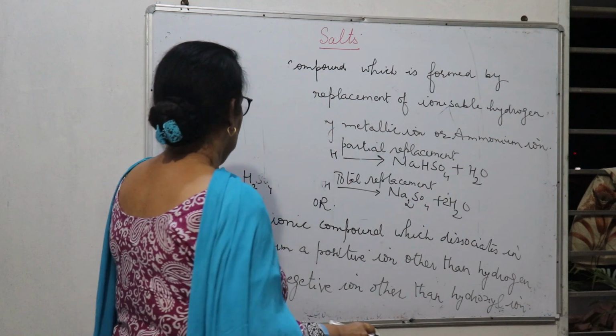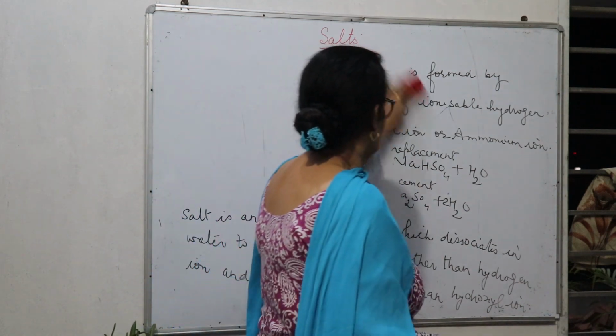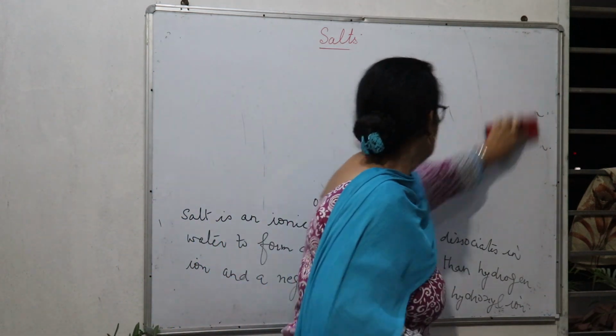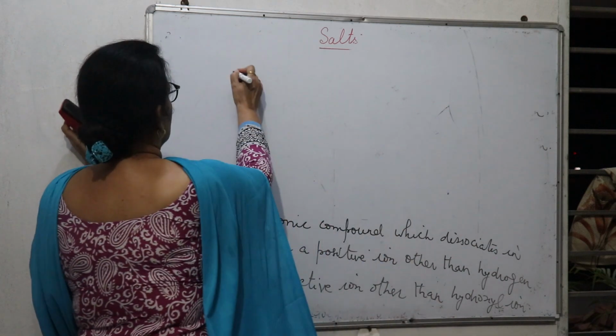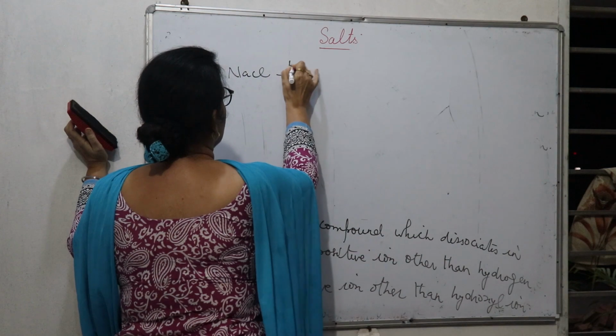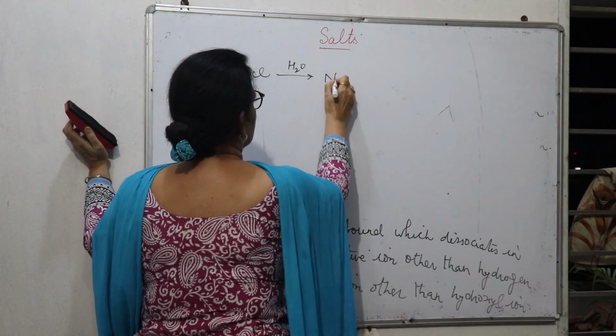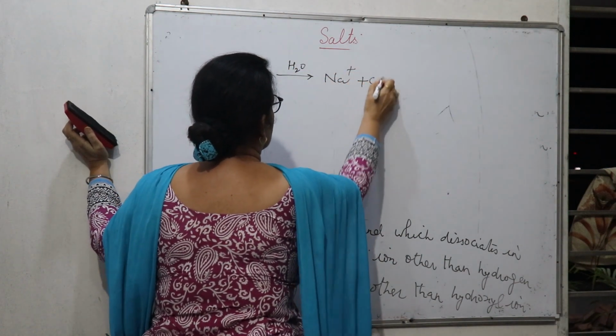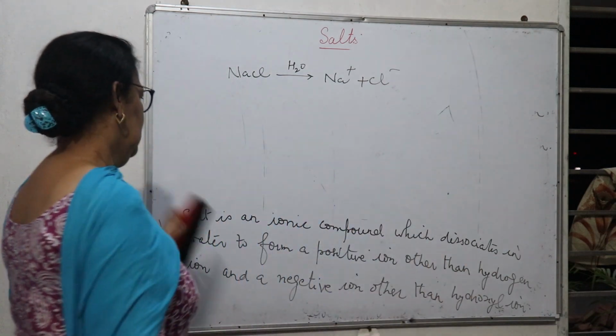How? Here, see the equation NaCl. When it is dissolved in water, it gives Na positive plus Cl negative.